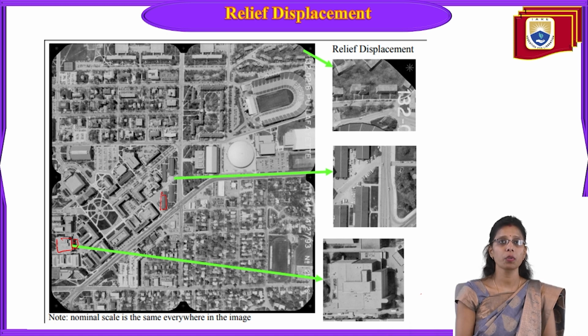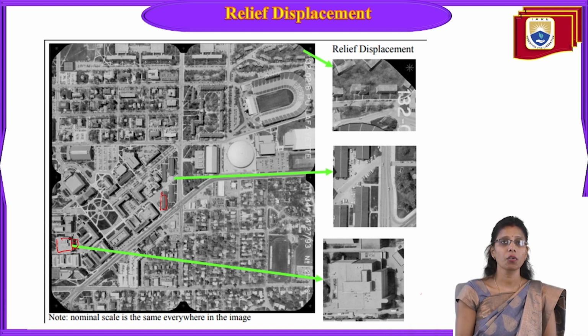Naturally, you find hills, mountains, terrain, sea, plains and so on. Man-made structures are not of equal heights. Most buildings will have 5 floors or 6 floors, some 10 floors, 20 floors. The building with more floors will have more height, and the more the height of the building, the more relief displacement it will have.